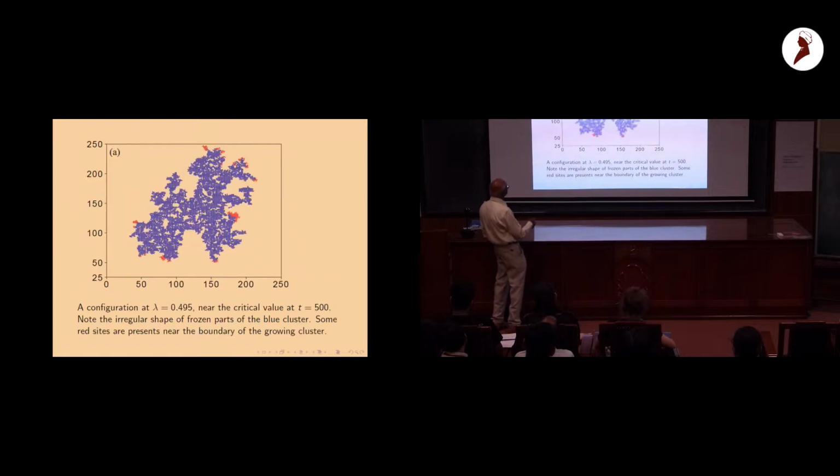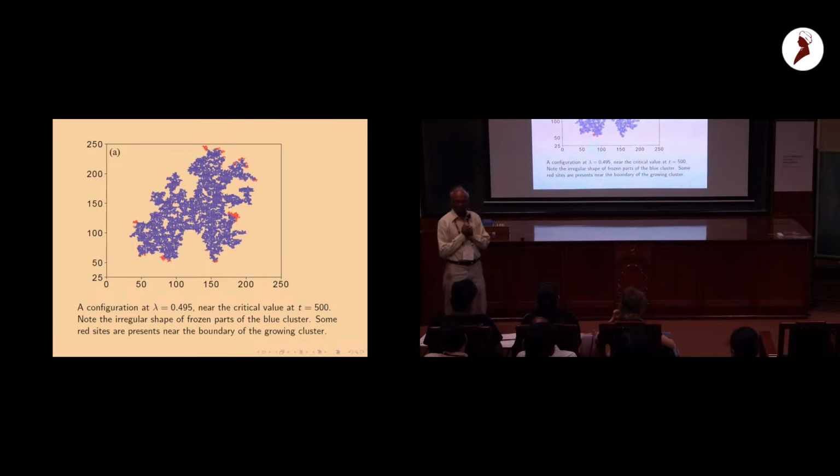Okay. And here is a picture of one of these invaded clusters. And so you see the blue have grown, but at the boundary of the blue region there are some places where there are still red patches. So these red can grow further out, and then they will be eaten up by the blue.